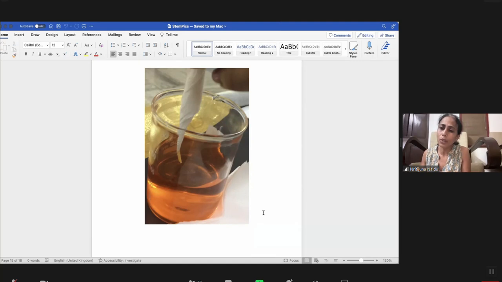Apart from this, you also had the assignment of finding pictures as examples. Examples of herbaceous stems, woody stems.